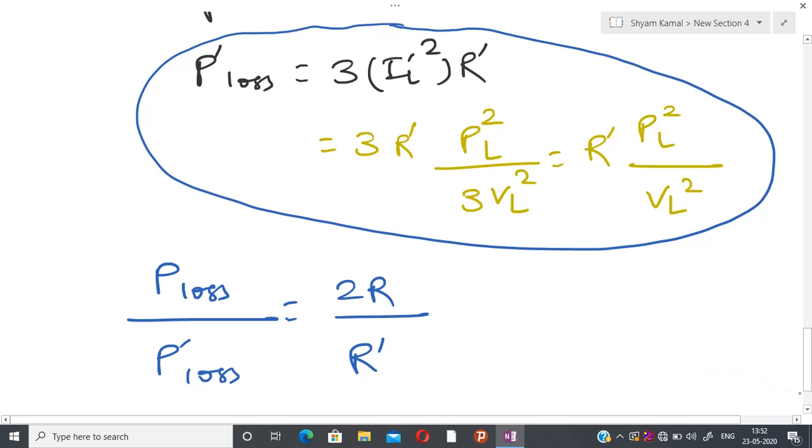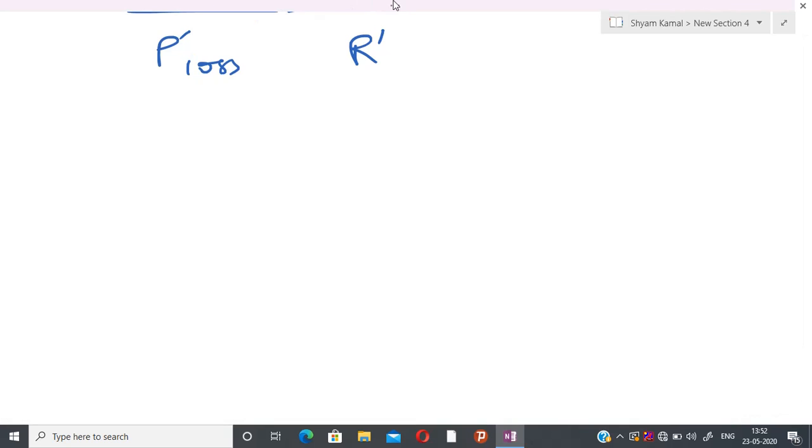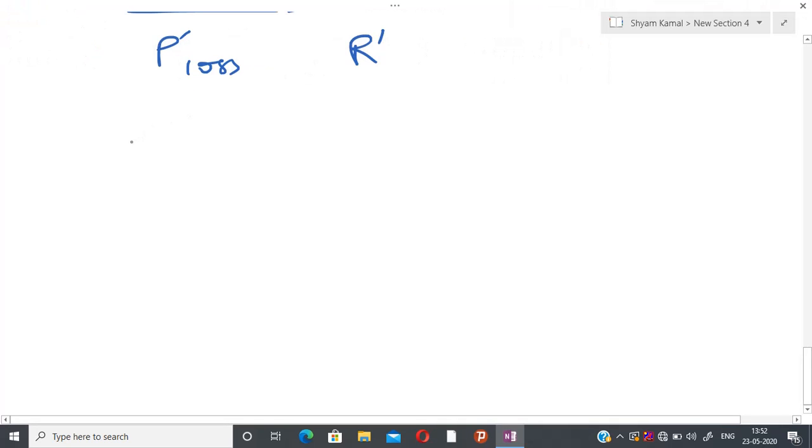Now I am going to see the expression of R and R dash. So we know, everyone knows this from the 10 plus 2 onward, that resistance R is rho L by pi r square.